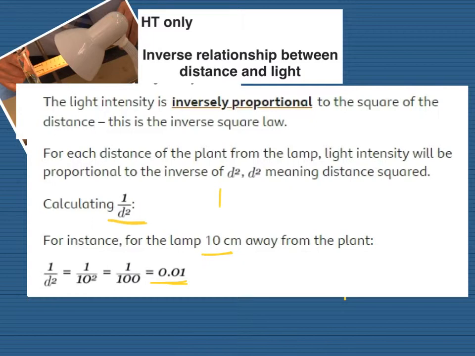So if the lamp was 15 centimeters away, we would do the same thing, 1 divided by d squared, so 15 squared, and that would give us 0.0044.